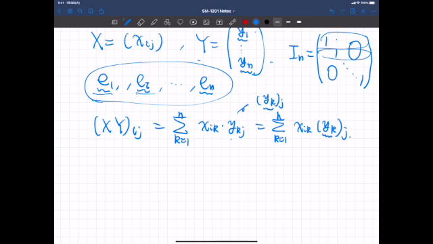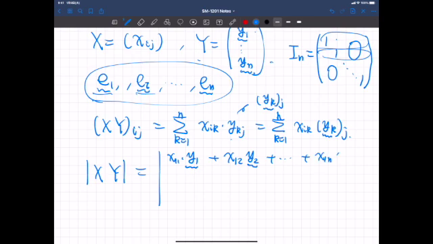Okay, so this means if we want to calculate the determinant of xy, then this can be expressed as a linear combination of the y's, right? So the first row is x11 times y1, where y1 is a vector, x12 times y2, which is a vector, and so on, and x1n times yn, which is a vector.